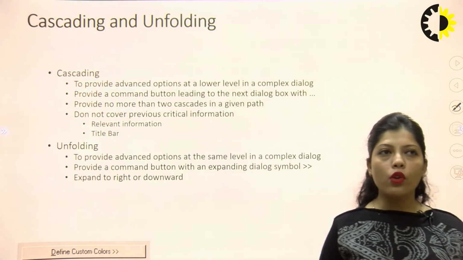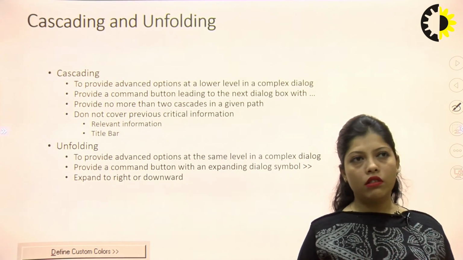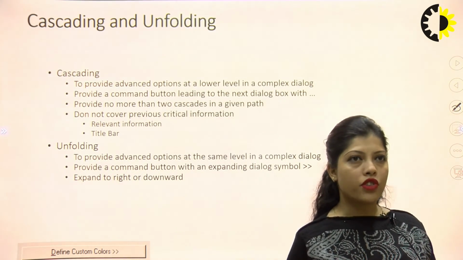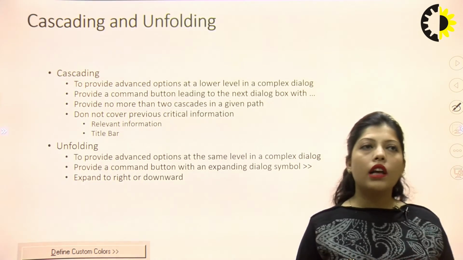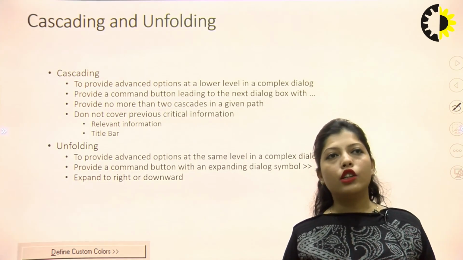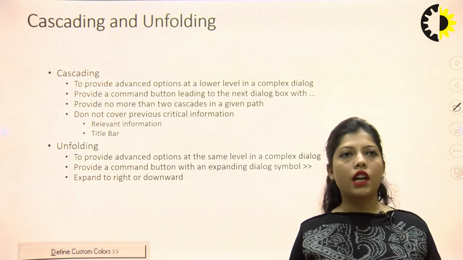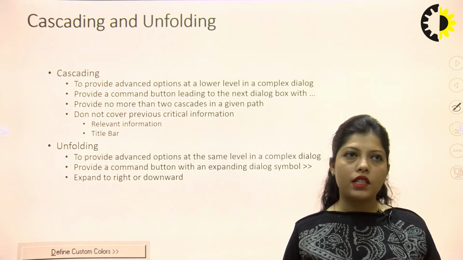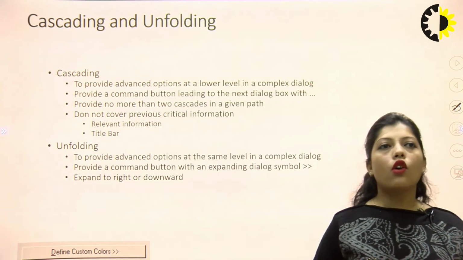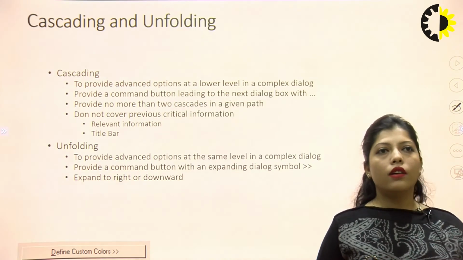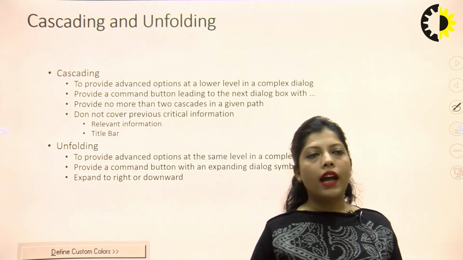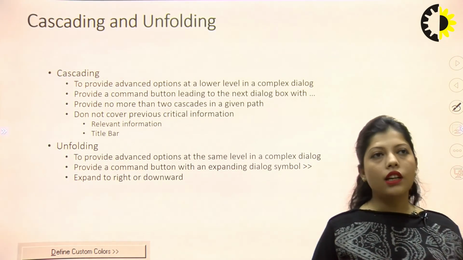Next is unfolding. Unfolding also provides some advanced options at the same level. In cascading, options are available at the lower level, but in unfolding, options are available in the complex dialog at the same level. It also provides a command button with an expanding dialog symbol, and so these are the expanding.